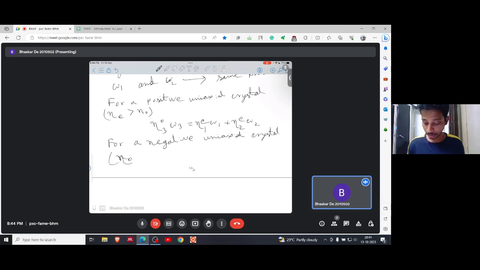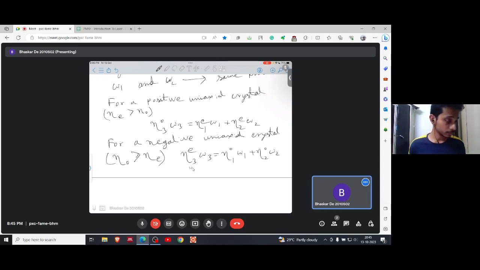And for a positive uniaxial crystal, the condition will be n_3e omega 3 equal to n_1o omega 1 plus n_2o omega 2.